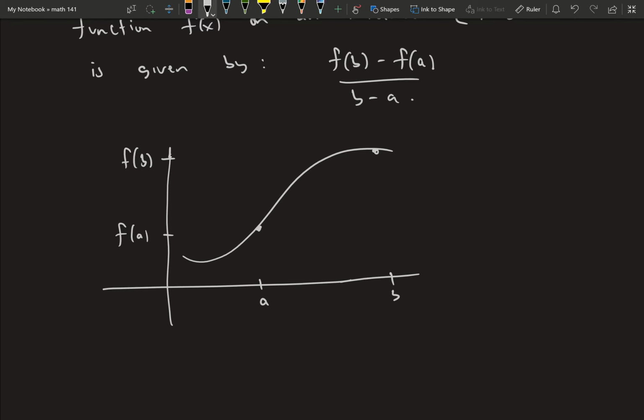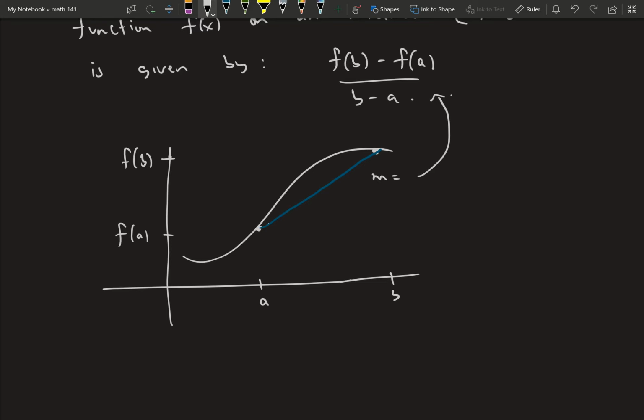And you can think of drawing the line, I'll draw it with a different color, that connects these two points. The slope of that line is exactly this quotient, f of b minus f of a over b minus a. It's y2 minus y1 over x2 minus x1.